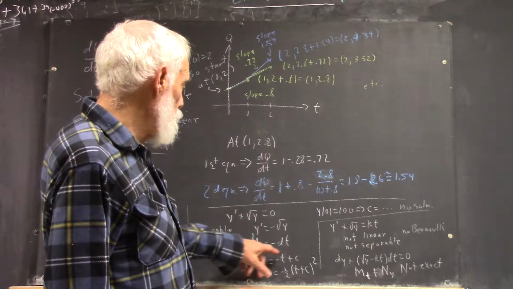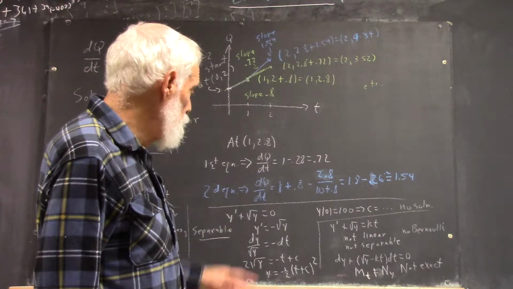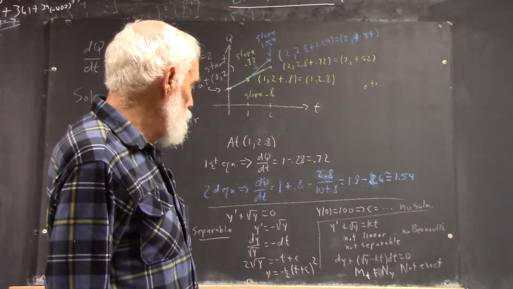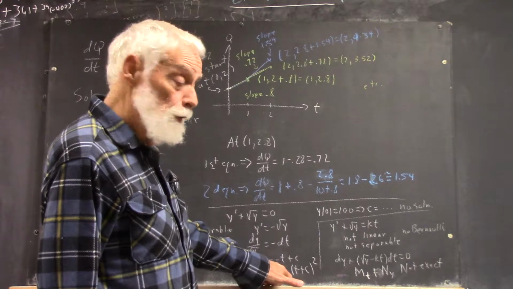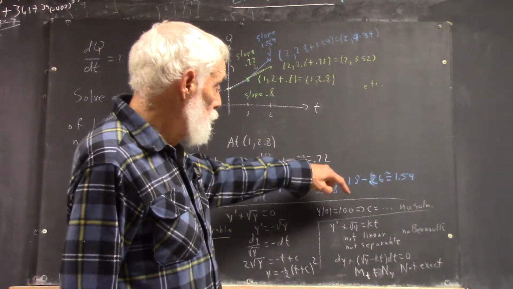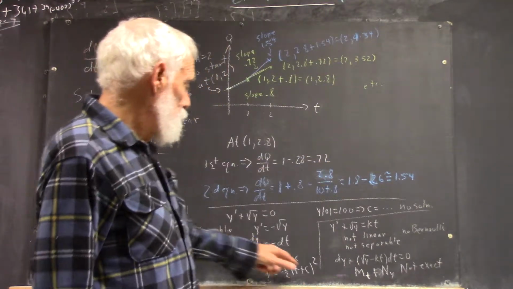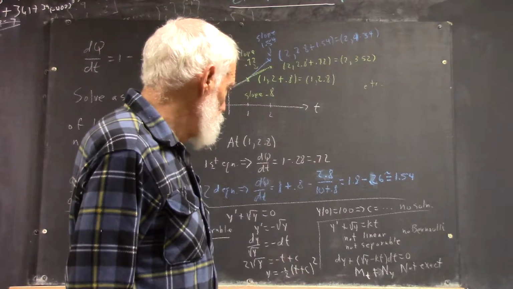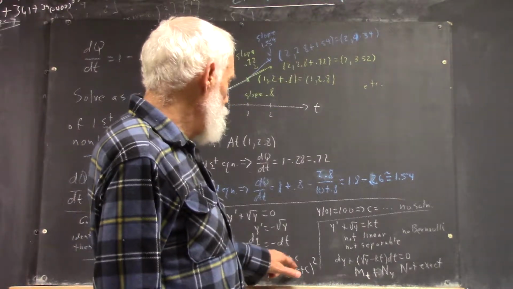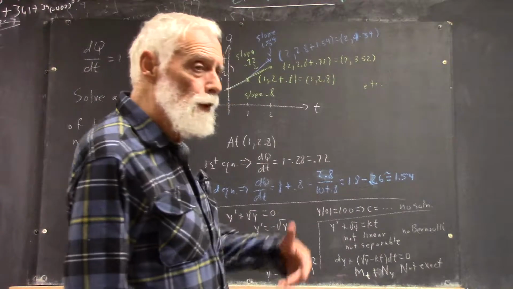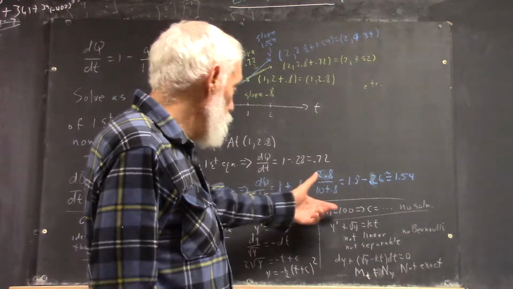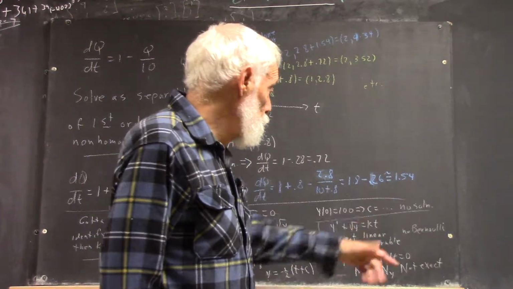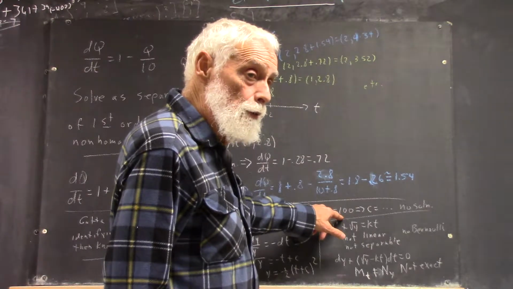This gives us dy over square root of y equals negative dt. Integrating both sides, we get this solution. Then we say y of 0 equals 100, and we use that to calculate c. But of course, negative 1/2 t plus c quantity squared is going to be negative. It's never going to equal 100, so we have no solution for this condition.